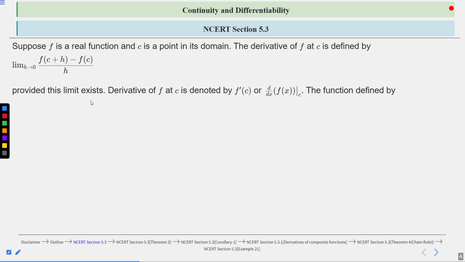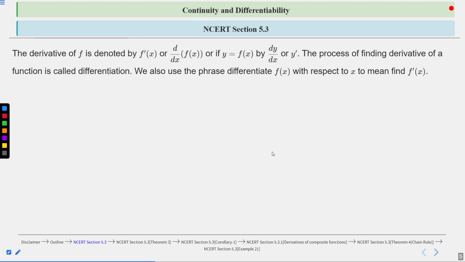The derivative of f at c is denoted by f dash c, or d of f(x) upon dx at c. And the function is defined by f dash x is equal to the limit as h tends to 0 of f of x plus h minus f(x) upon h. Clear?